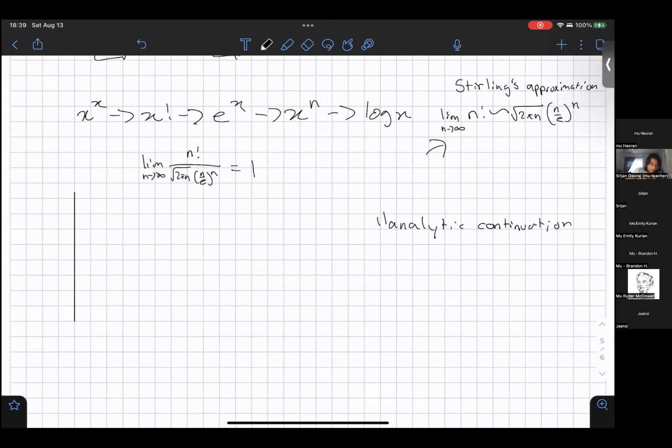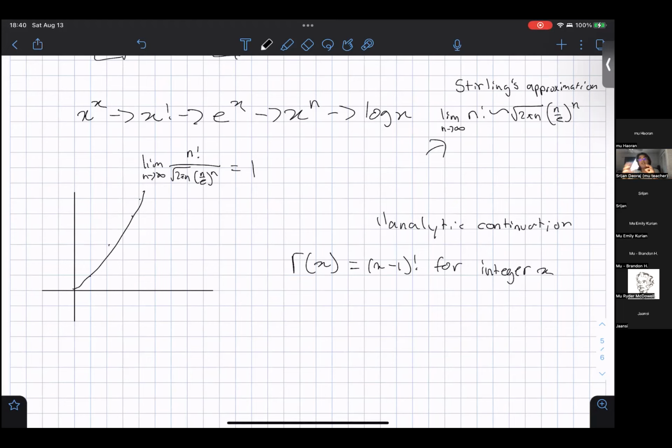Basically, what really smart people, way smarter than me, did was they took all the values for factorial, plotted them, and then found some graph that fit through all of these points, and we call it the gamma function. So gamma of x is equal to x minus 1 factorial for positive integer x.